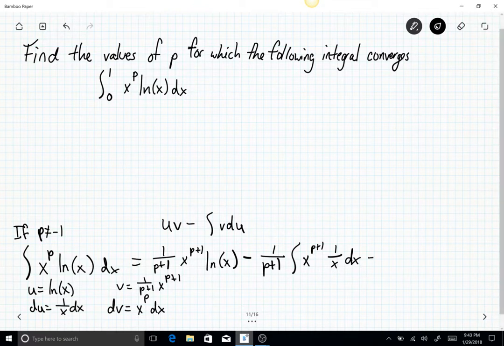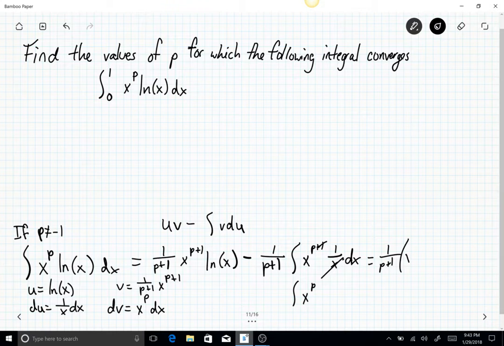And to make that a little bit nicer, we can factor out a 1 over p plus 1. Notice this integral, by the way, just becomes x to the p, because this plus 1 will cancel off with that x down below.